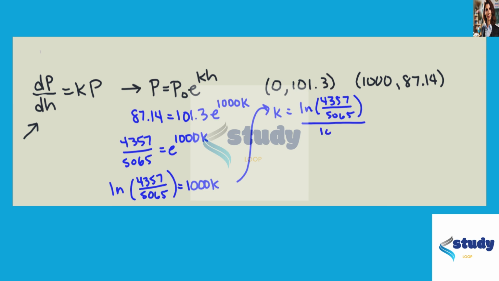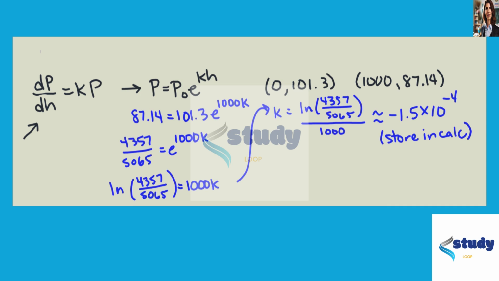Now this is not a very user-friendly number. It's around negative 1.5 times 10 to the negative fourth. So I decided to store this in my calculator so that I don't lose any accuracy when I go to use it again.